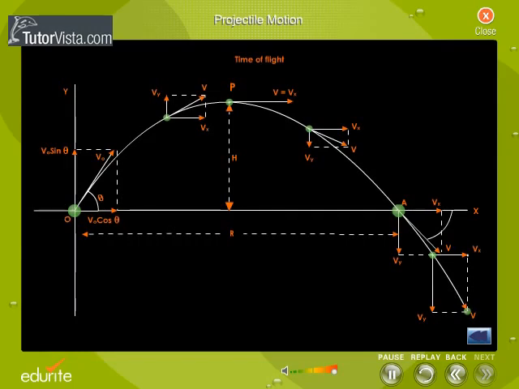Time of flight of a projectile is the time taken by it from the instant when it is projected to the time when it strikes the point in a horizontal plane passing through the point of projection. T is equal to 2 V0 sin theta by g.